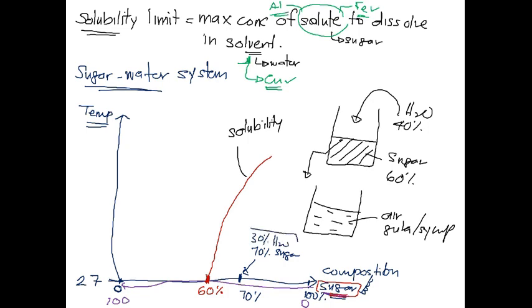Kan? So bila you tambah this 70% of sugar with 30% of water at room temperature, do you get your syrup? Kan? Yang ada air gula yang tak ada langsung dah gula, maknanya fully dissolved. Will you get that? Based on this solubility limit, you tak dapat.